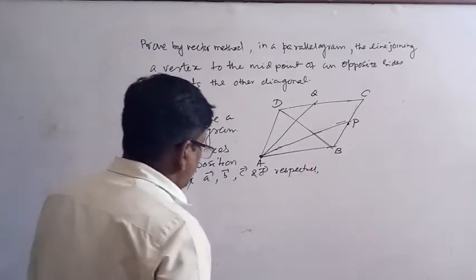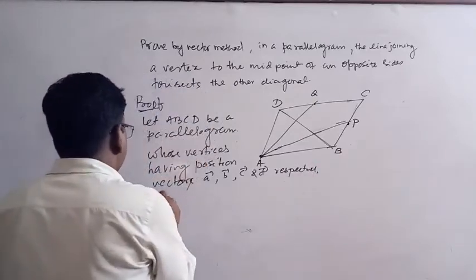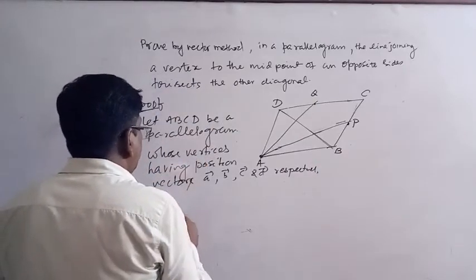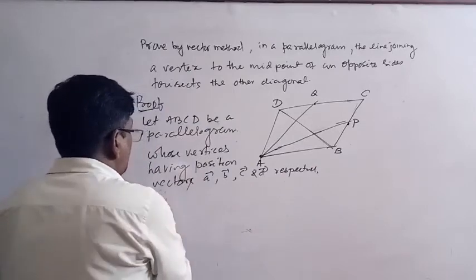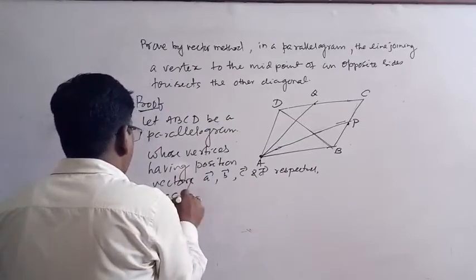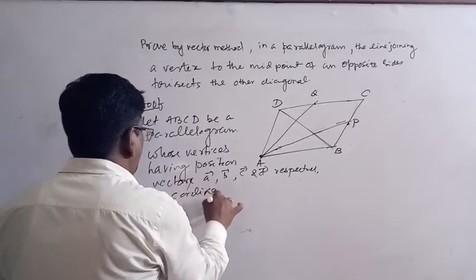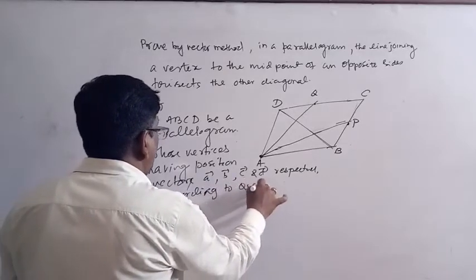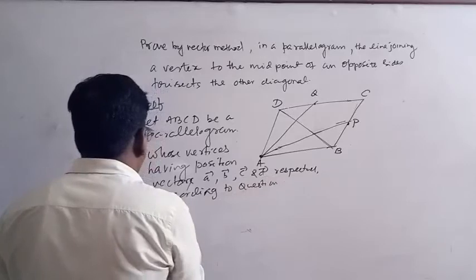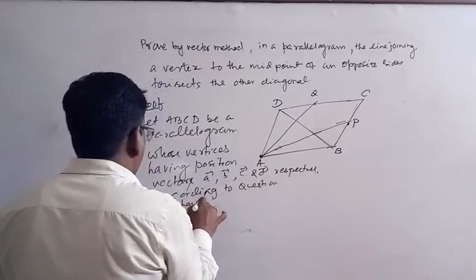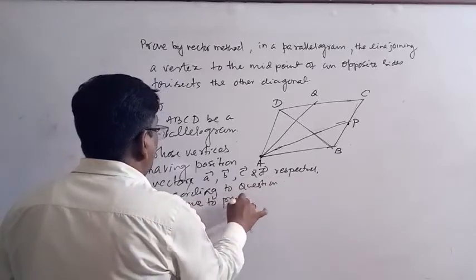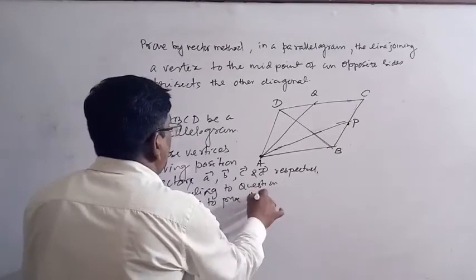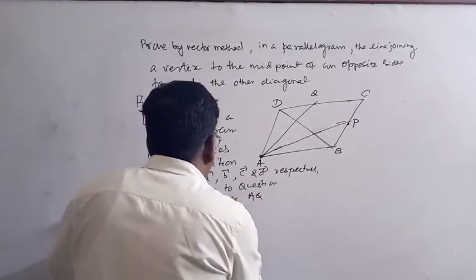Suppose, from the figure and according to the question, we have to prove AQ trisects.